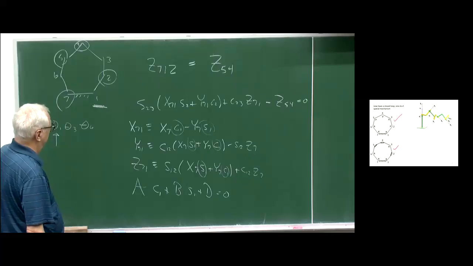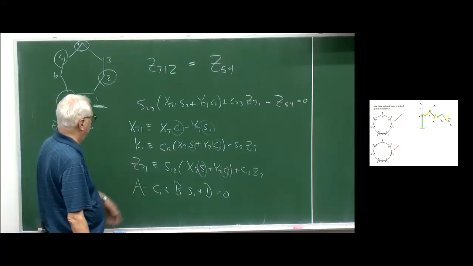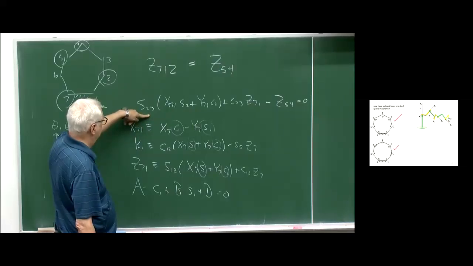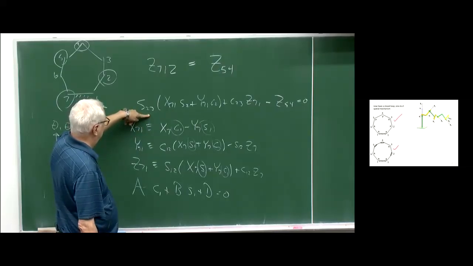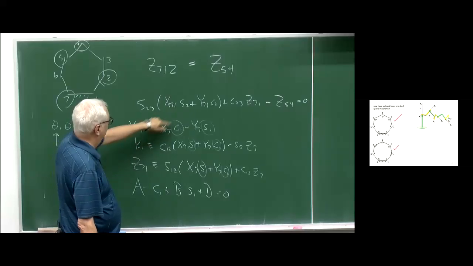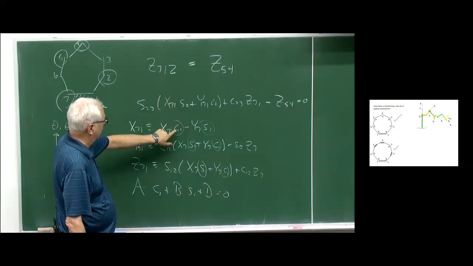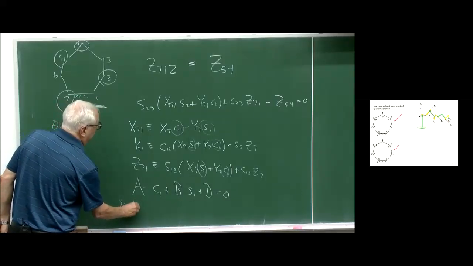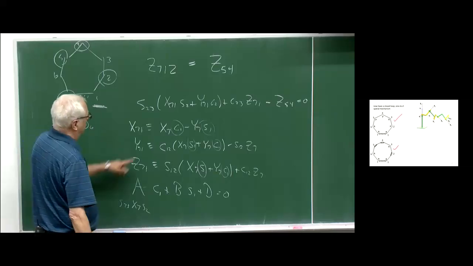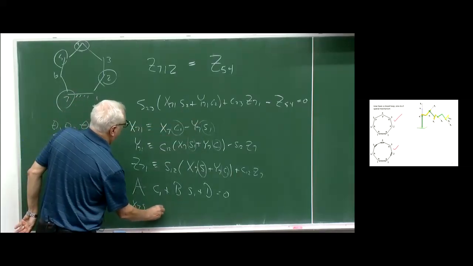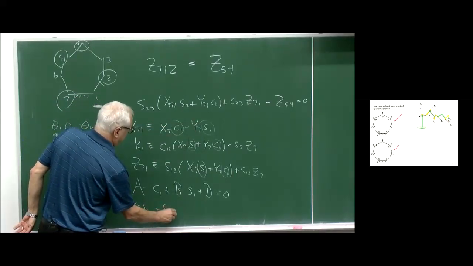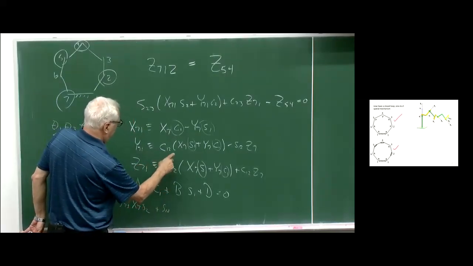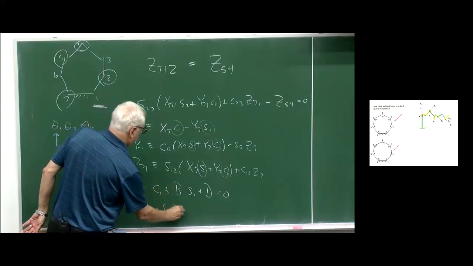So for example, the A term was going to be S23 X7S2, so I substitute that up there and grab that. Yeah, I guess I could write this one down. The A would be S23 X7S2. And then when I substitute this up here, I'm going to get a plus S23 C12.